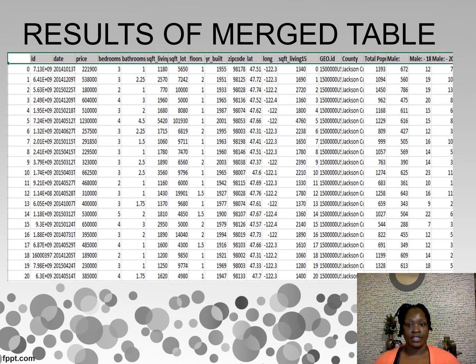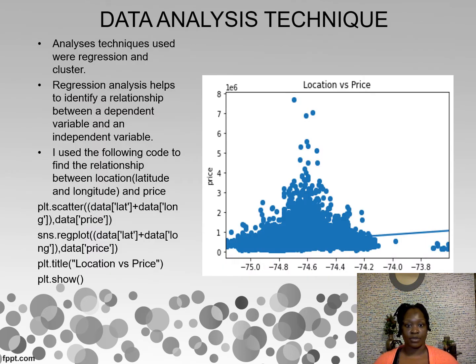After that, I began the analysis process, and the first analysis was running a regression analysis. Regression analysis is usually used to identify a relationship between a dependent variable and an independent variable. In this case, I was trying to look into how the location of an area affects the price.